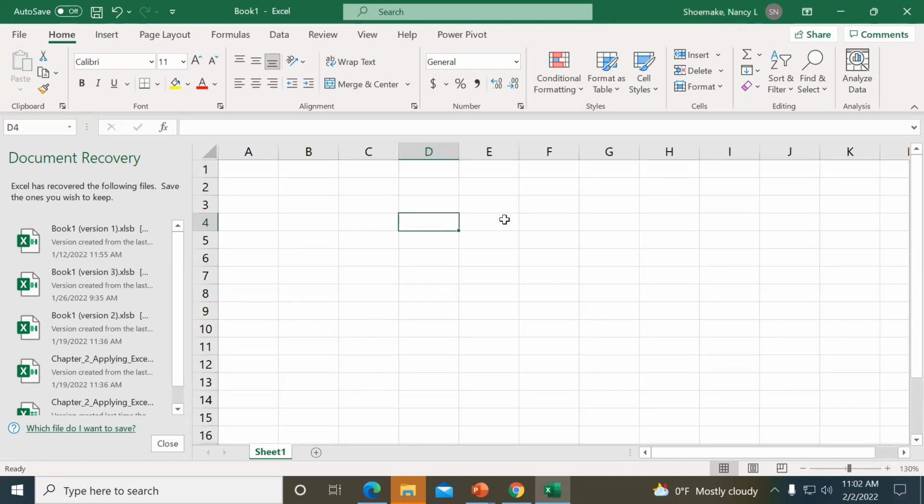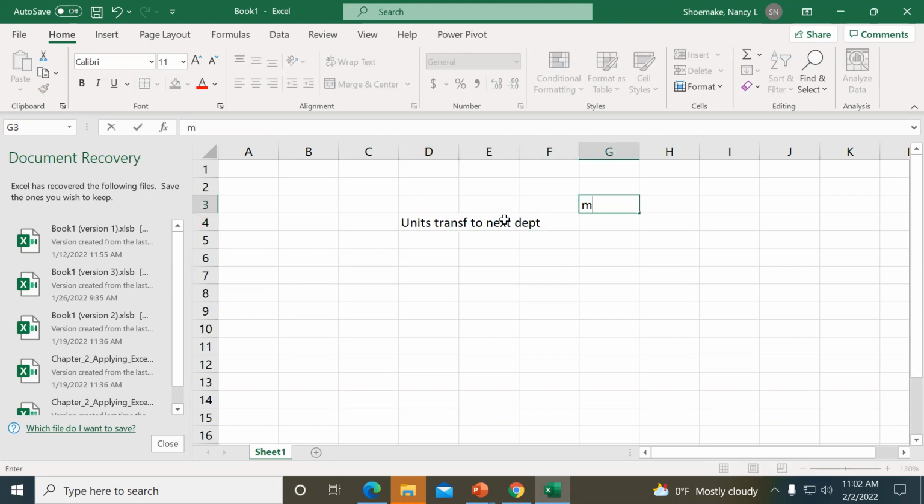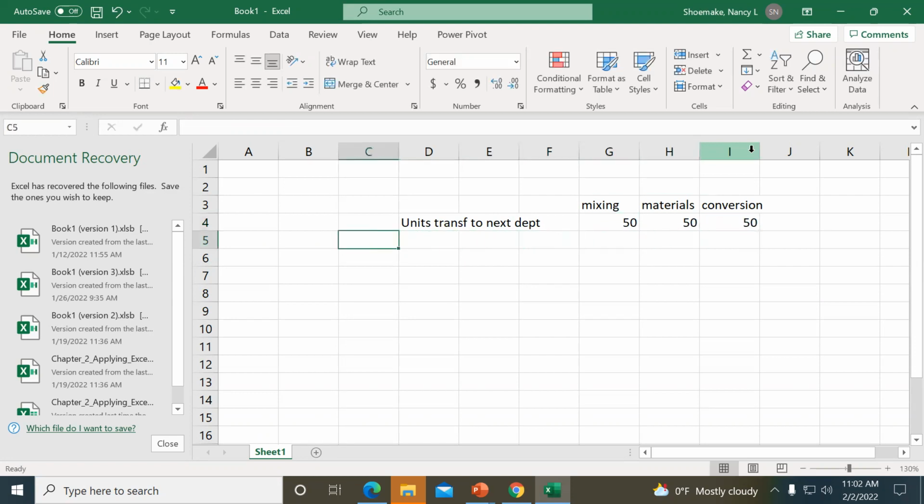Let's show it this way. Units transferred to the next department. And we've got mixing, materials, and conversion, okay? What got transferred to the next department, we know was 50. It told us that, right?